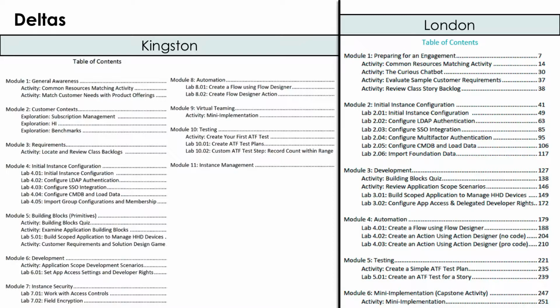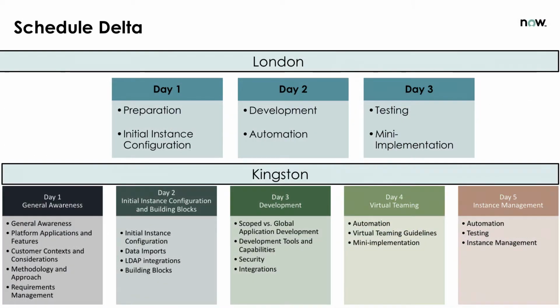So there's a lot less content that we have in London versus Kingston. So yeah, we had to cut a lot of goodness out of it, but hopefully we've got a much more streamlined experience for students. So take a look here and see where the deltas are, and then we can move on to look at the daily schedule.